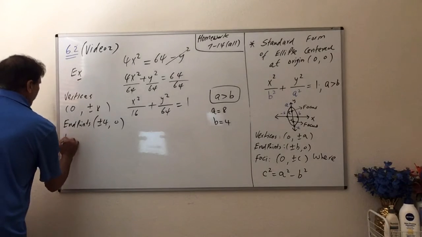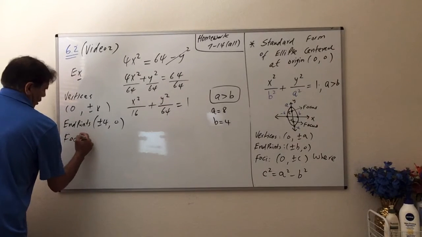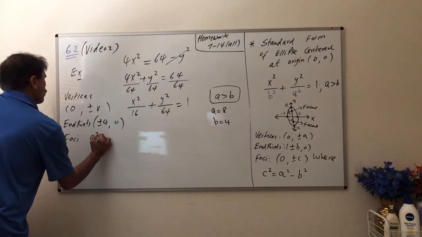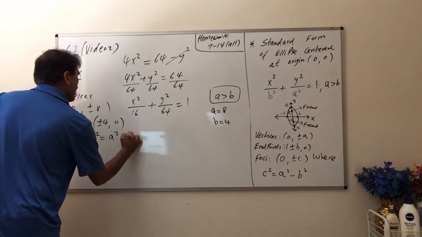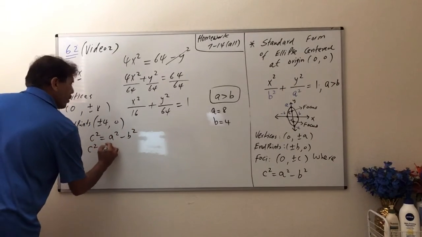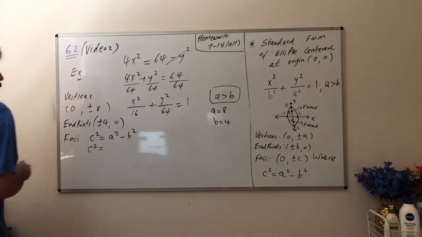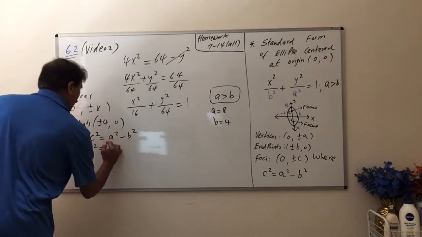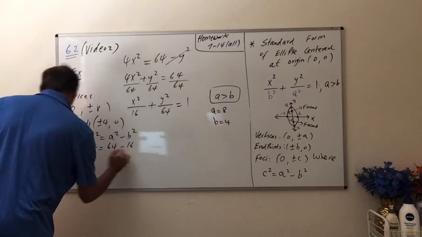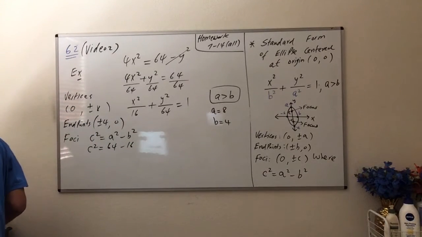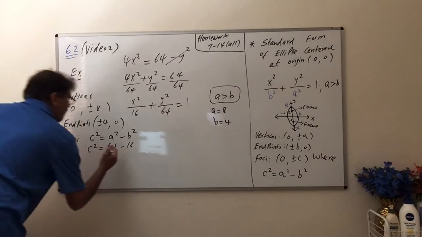And the foci: c squared equals a squared minus b squared. So c squared equals 64 minus 16. 64 minus 16 is 48.